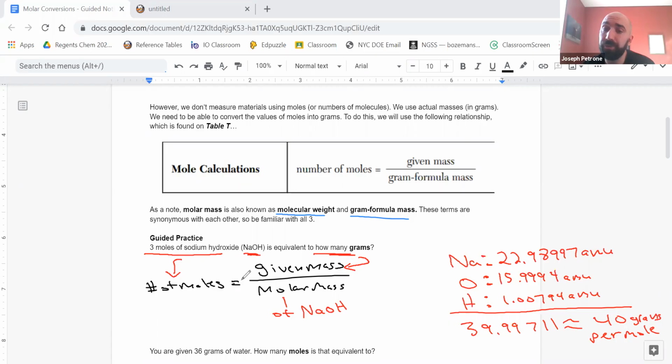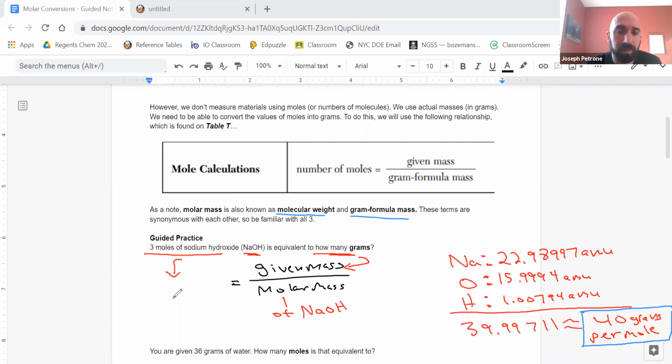Now we have some more information to help us figure out this question. So let me just put a box around this. Okay. So, like I said, we know the number of moles. So we're going to fill that in.